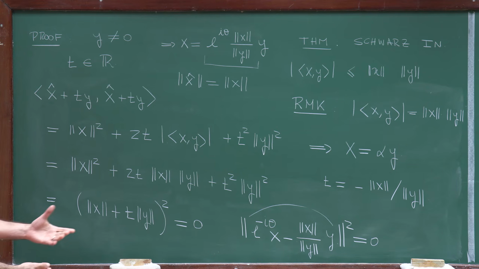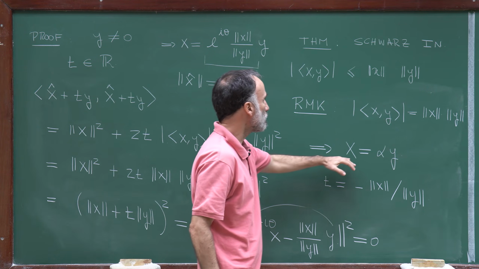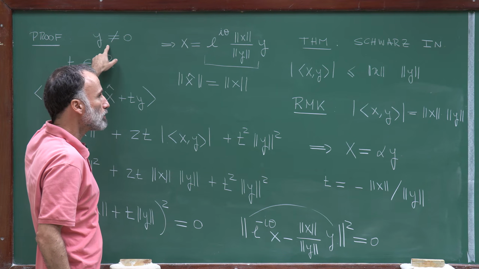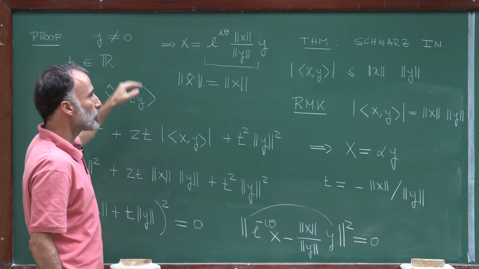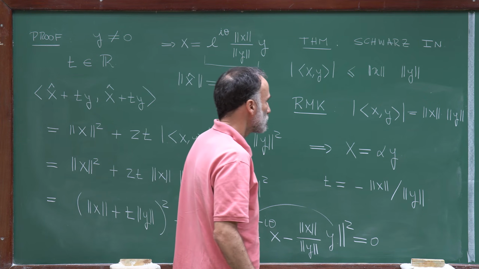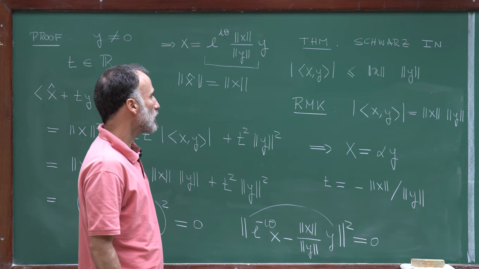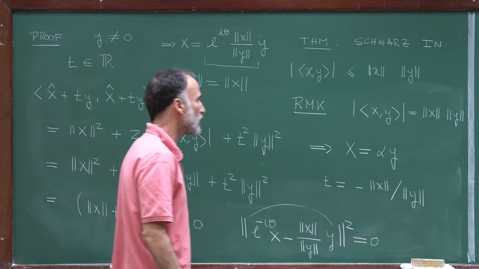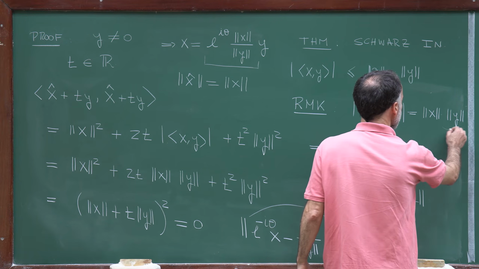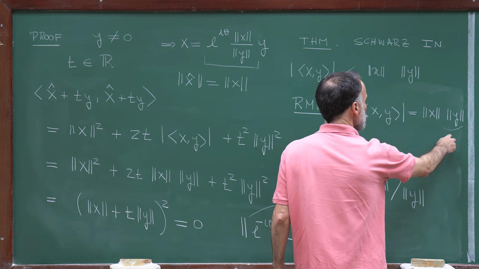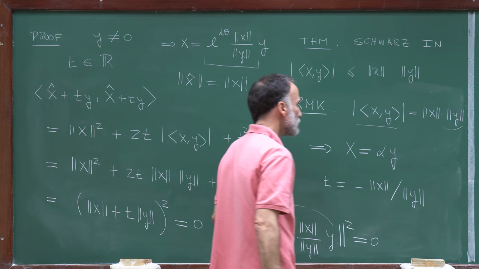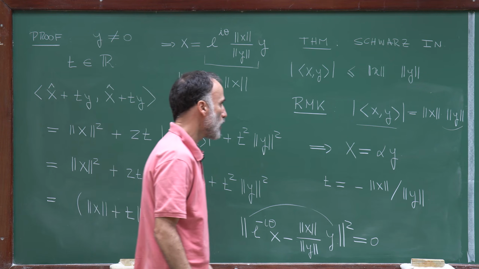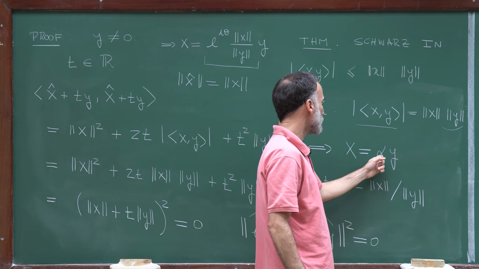Remember, I assumed here that y is different from 0. If y is equal to 0, this identity is obvious: you always get that this expression is 0 and this expression is 0, so there is nothing to prove.